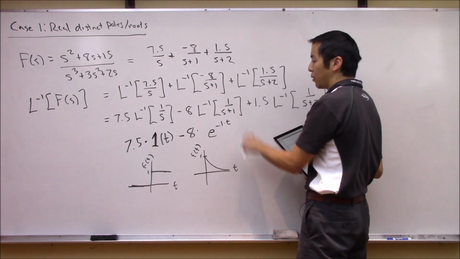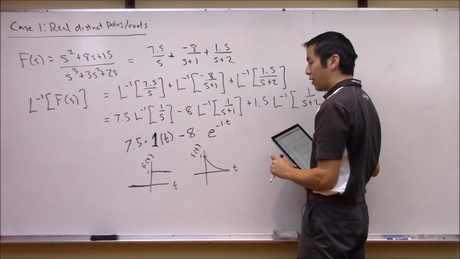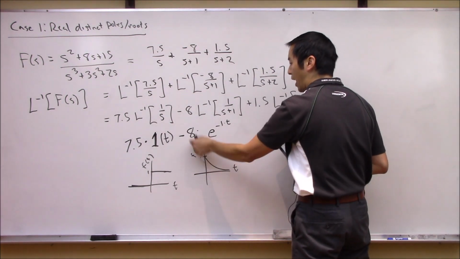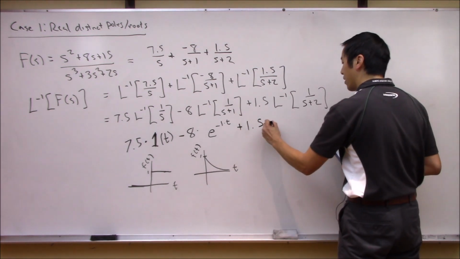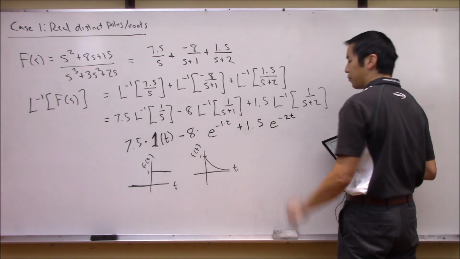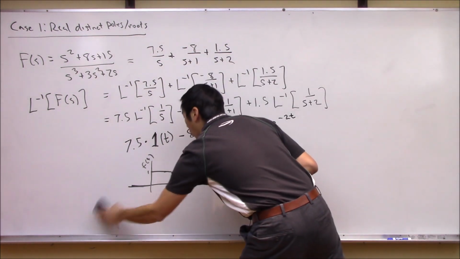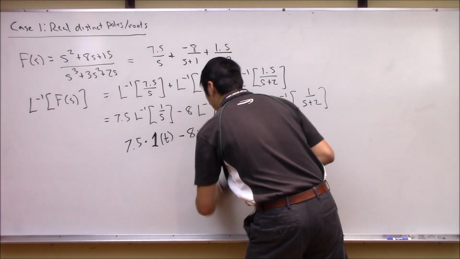Therefore, the inverse Laplace transform of 1 over s plus 1 is just e to the minus 1t, and we remember the 8 here. Same thing over here. This is now e to the minus 2t. So there you go, we basically have completed it.